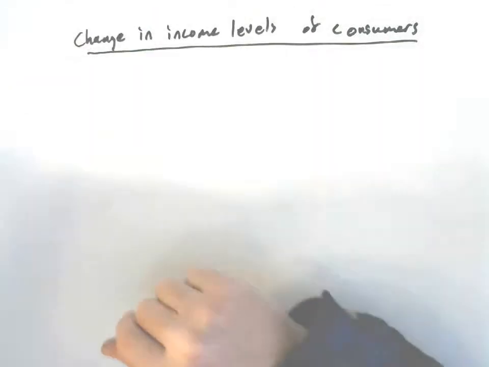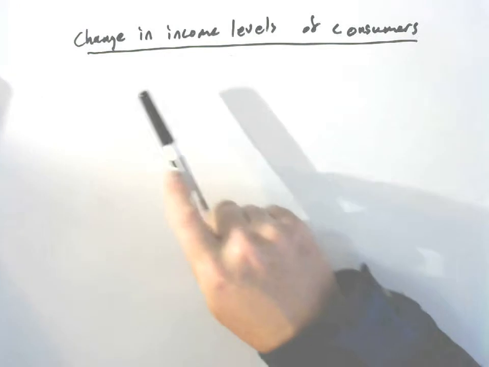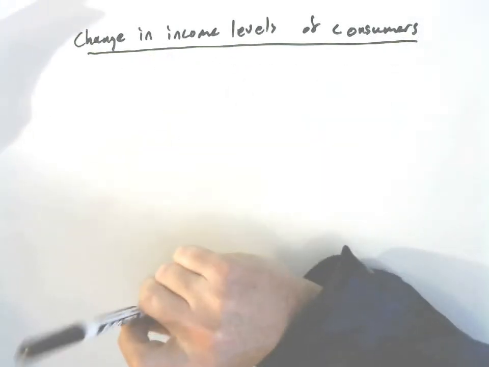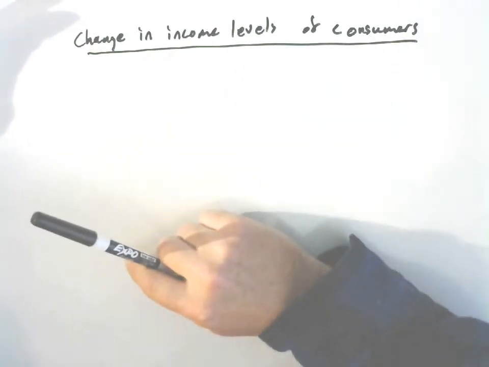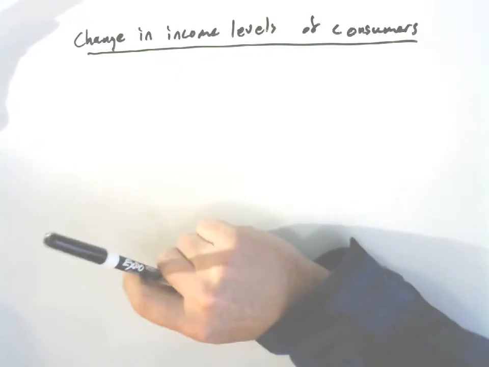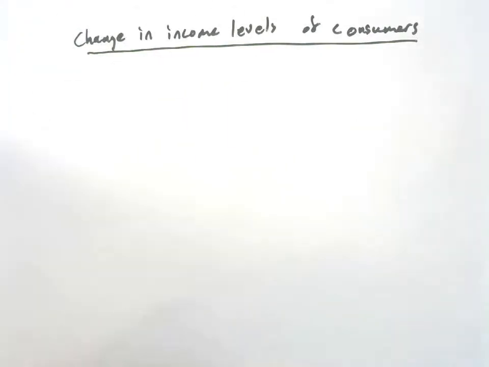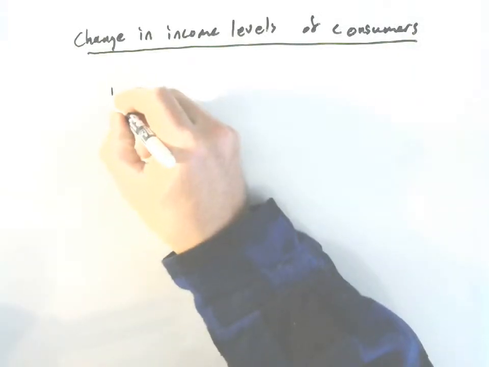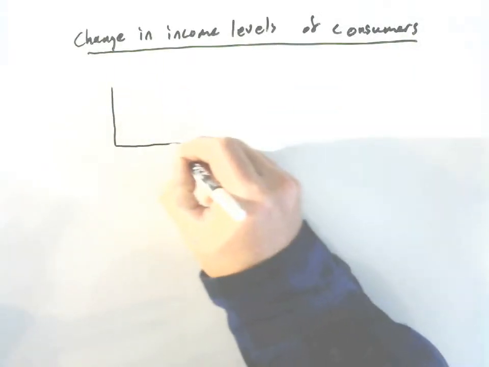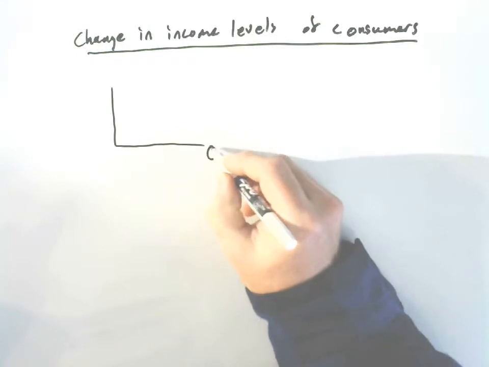The next demand curve shifter we're going to explore is a change in the income level of consumers. What we're going to do now is look at the demand for products in two separate markets.